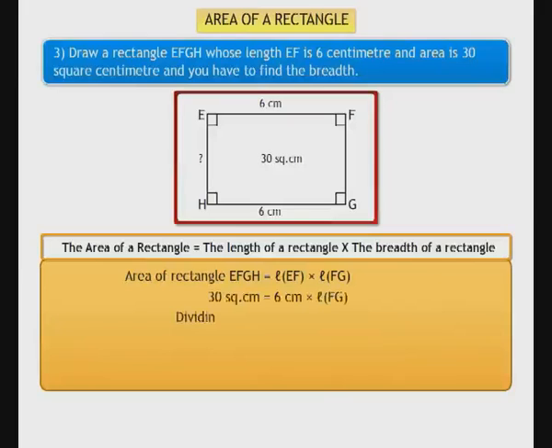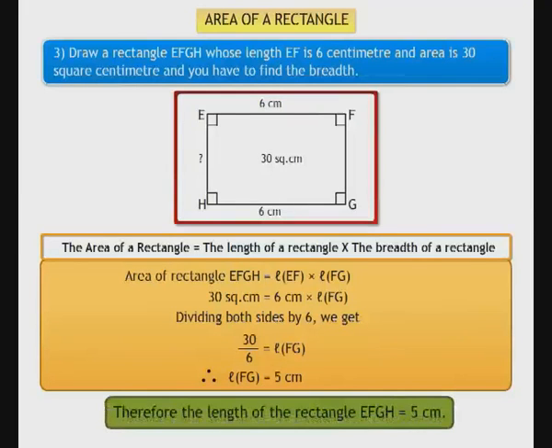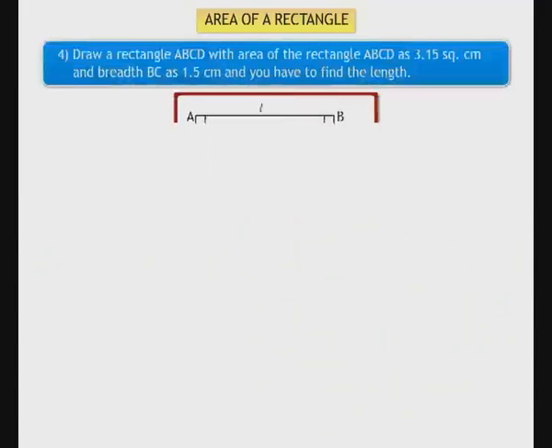In the data provided here, breadth and area is given, but length of the rectangle is not given. 4. Let us draw a rectangle ABCD with area of the rectangle ABCD as 3.15 square centimeter and breadth BC as 1.5 centimeter, and you have to find the length. The area of a rectangle is equal to the length of a rectangle into the breadth of a rectangle.